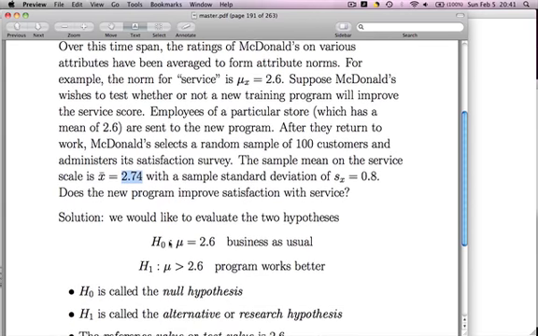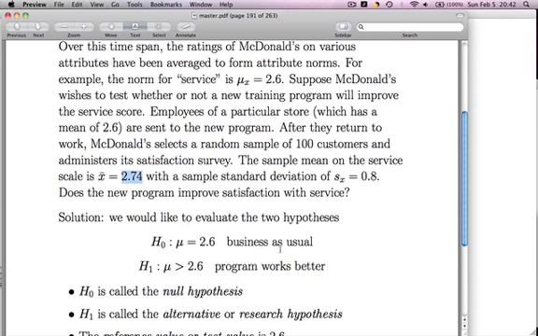What we're going to do in Chapter 10 is state two rival hypotheses. The first one is called the null hypothesis, and it will be denoted by H0. The 0 means null or not. Statisticians tend to say H naught. The null hypothesis is that the mean of the new program, where mu is the true mean satisfaction level after people have been trained with this new approach, is still 2.6.